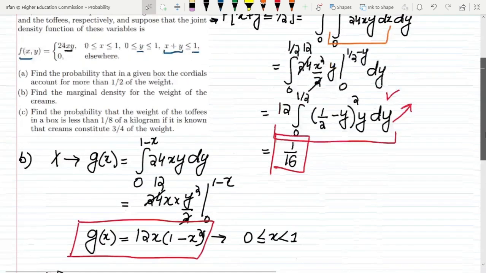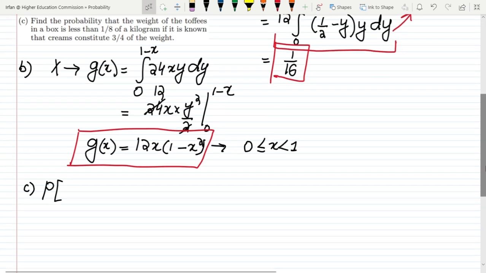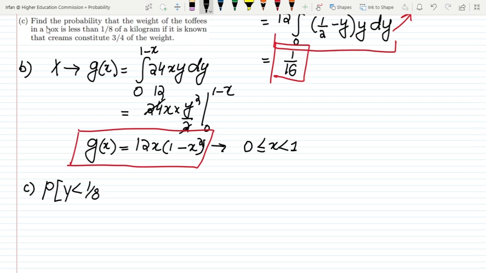So we need the probability that y is less than 1 by 8 kg, if it is known that creams constitute 3 by 4 of the weight. Given here is that creams, which are x, are 3 by 4, and we have to find it out.